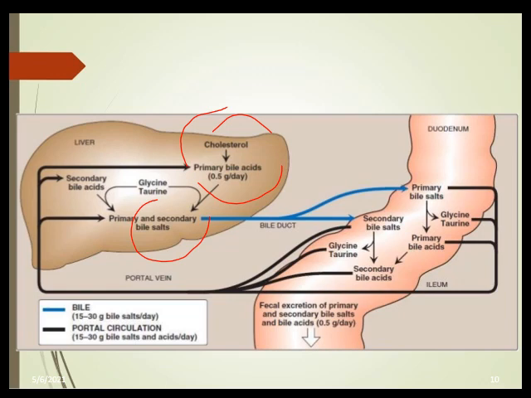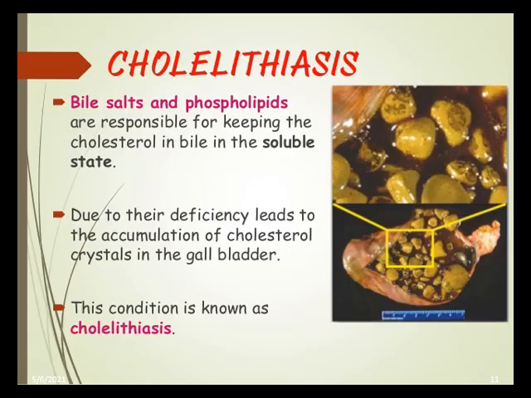In the intestine, secondary bile acids are produced by the intestinal bacteria. Some portion of it enters the liver through the portal vein, that is known as enterohepatic circulation, and some portion will be excreted through the feces, in the form of primary and secondary bile salts and bile acids. So this is all about bile acid synthesis.